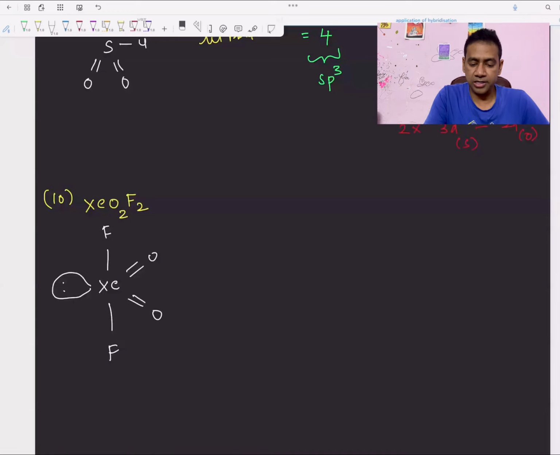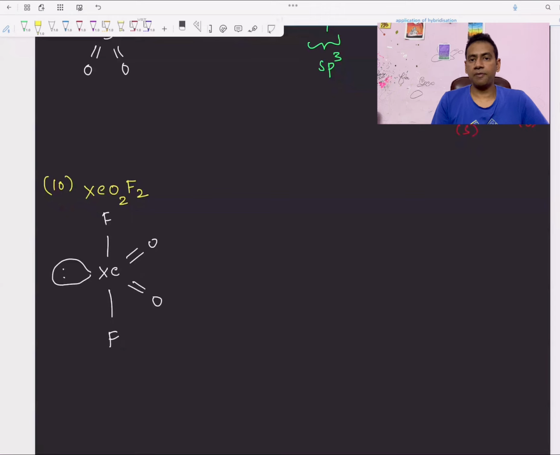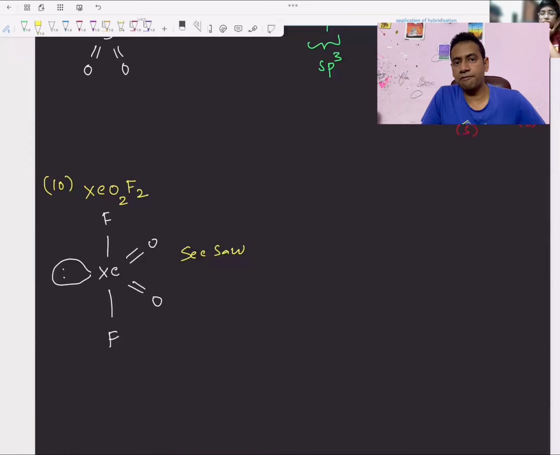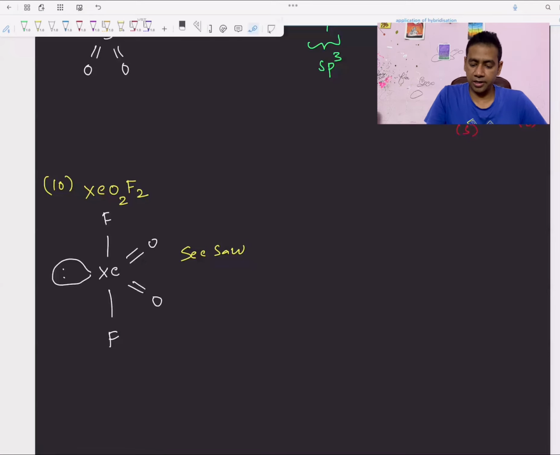Again, what is the geometry of the molecule? It is trigonal bipyramidal, but we call it seesaw because one of the positions is occupied by the lone pair. Further, the remaining 4 electronic domains are not identical. These 2 are one type and these 2 are another type. Anyway, we simply call it seesaw structure.